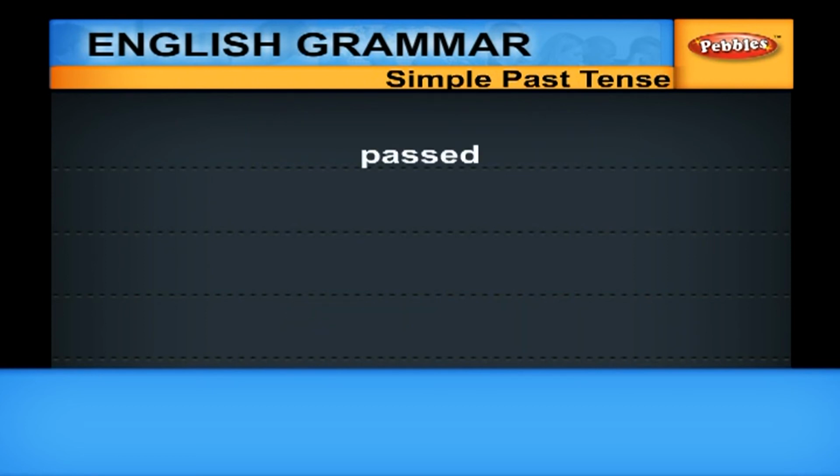Past: wanted, served, visited, marked, loved. Since most of the verbs form their past by the addition of ed, we call them regular verbs. They are also called weak verbs. The other verbs which do not fall in this category are called irregular verbs.